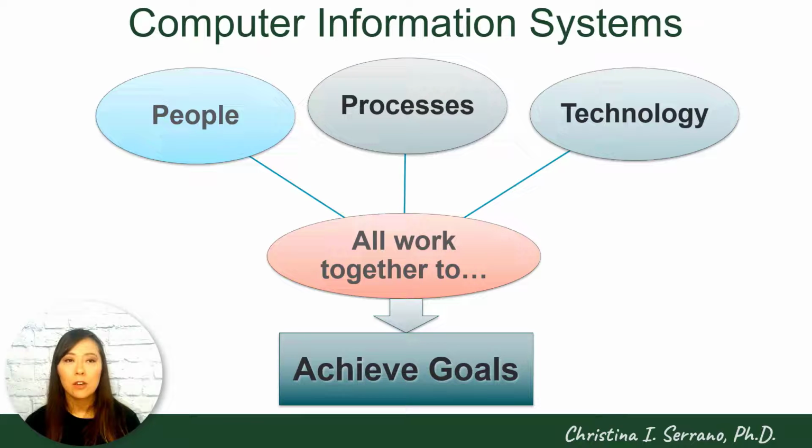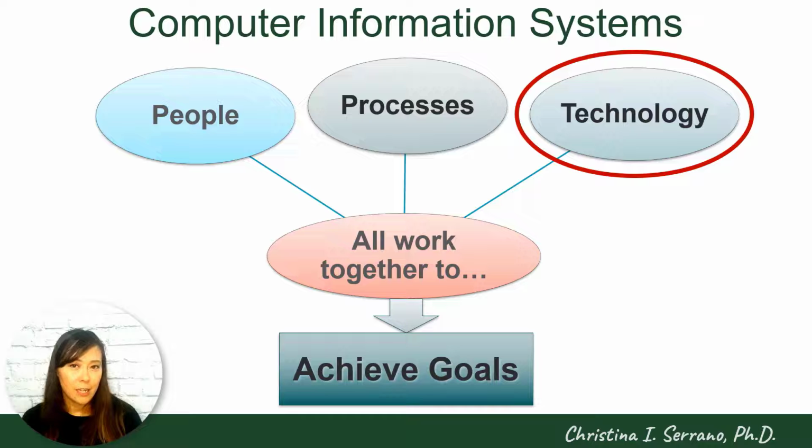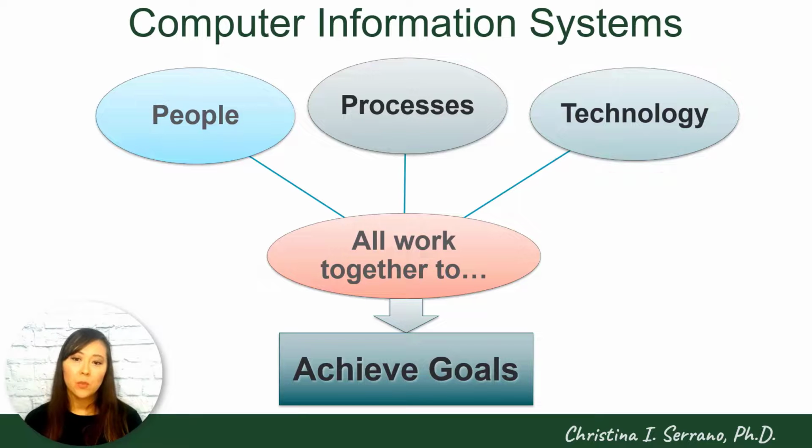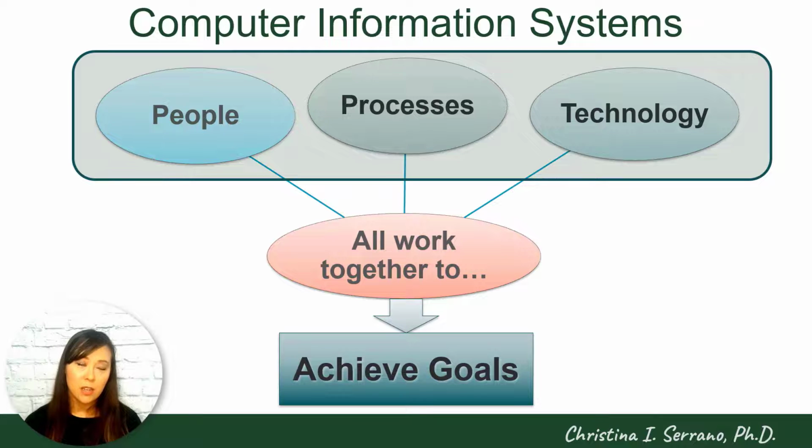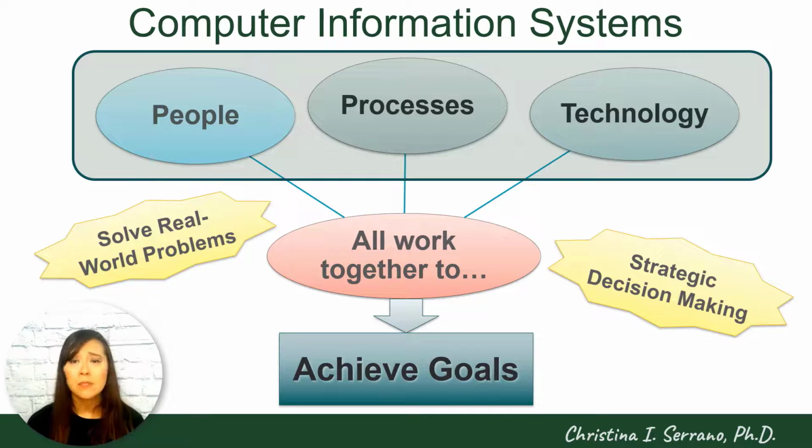Many other concentrations with computer in their title tend to focus mostly on the technology. The reason we're in a business school is because we balance learning about technology with learning about the people and business processes that work synergistically with the technology to solve real-world problems and support strategic decision-making.